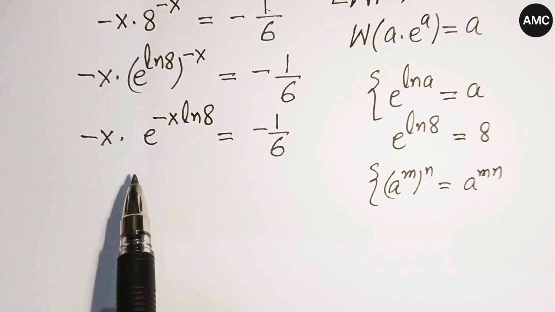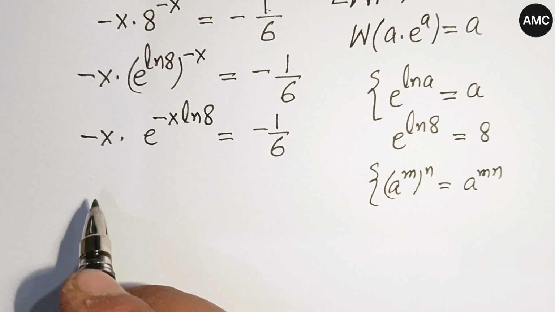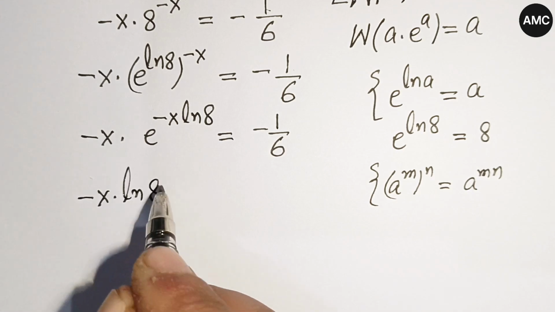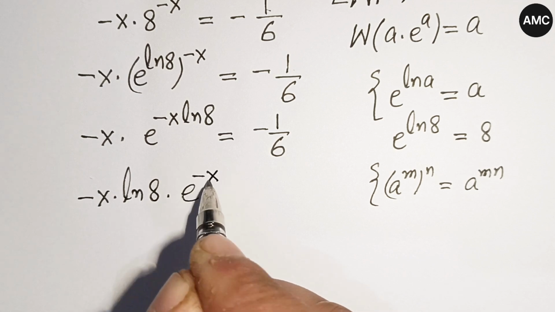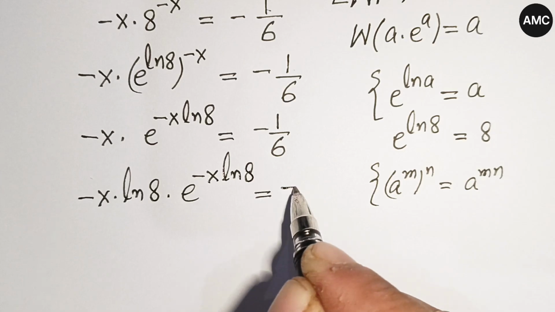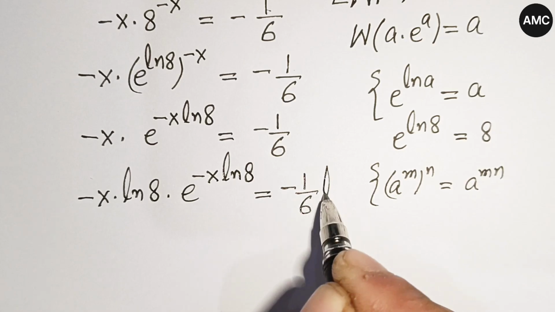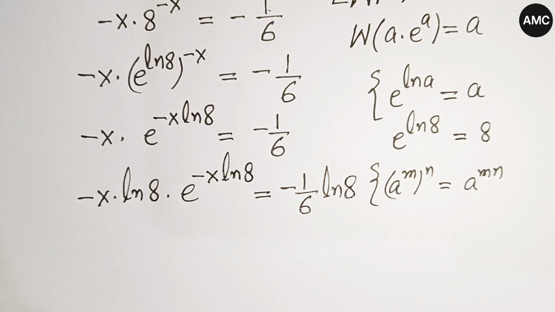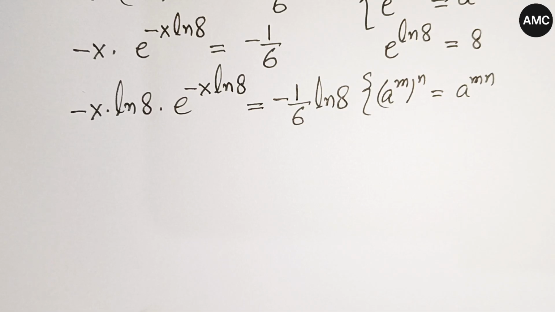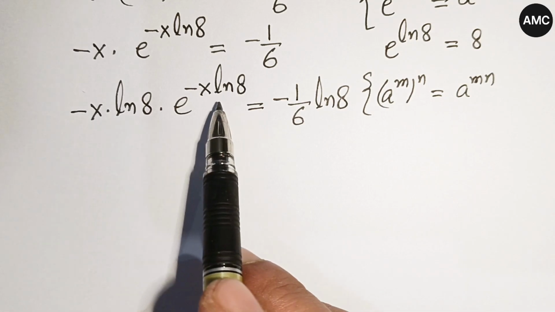So multiplying natural log of 8 on both hand sides, we get minus x times natural log of 8 times e to the power minus x natural log of 8 is equal to minus 1 over 6 natural log of 8. So here this expression and this one are the same.